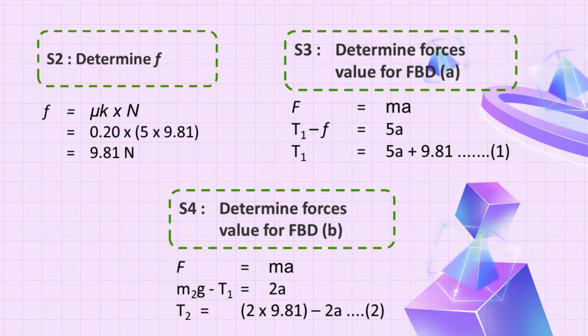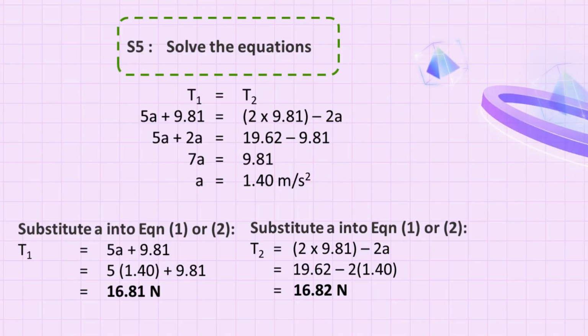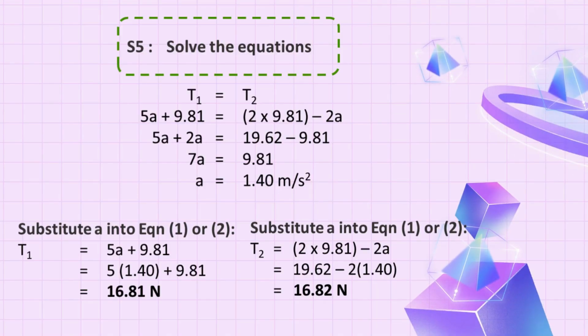Then, apply F equals ma for both objects to form two equations based on their free body diagram. Solve the equations simultaneously to find the acceleration of the system. After that, substitute the acceleration value into one equation to determine the tension in the cord.